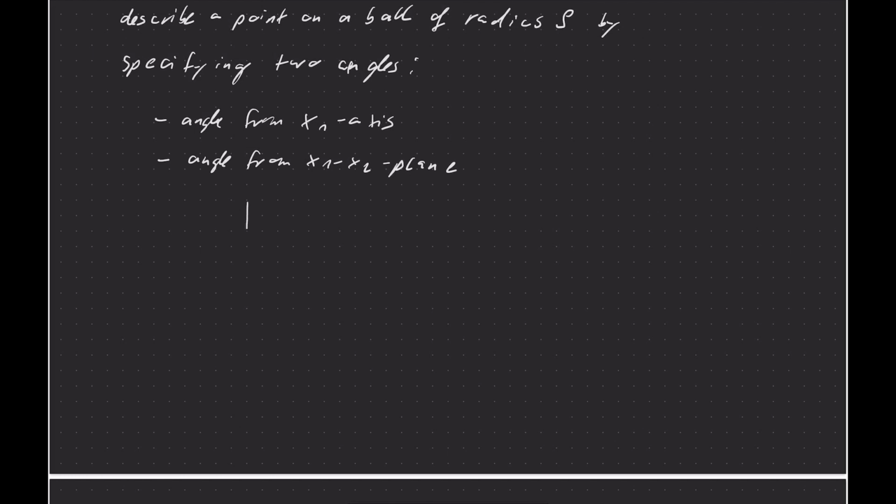Again, let's say this is our x3 axis here, x2 axis, and x1 axis. And let's say you want to describe a point T that is again somewhere above here. Then what we do is the following.